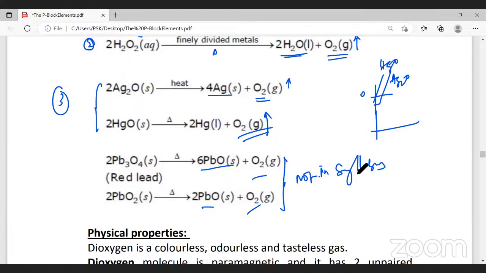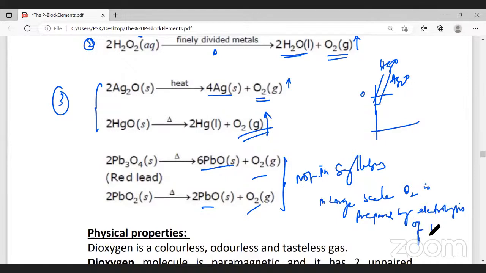Now, one method for large scale preparation of oxygen. In large quantity, dioxygen is prepared by electrolysis of water.